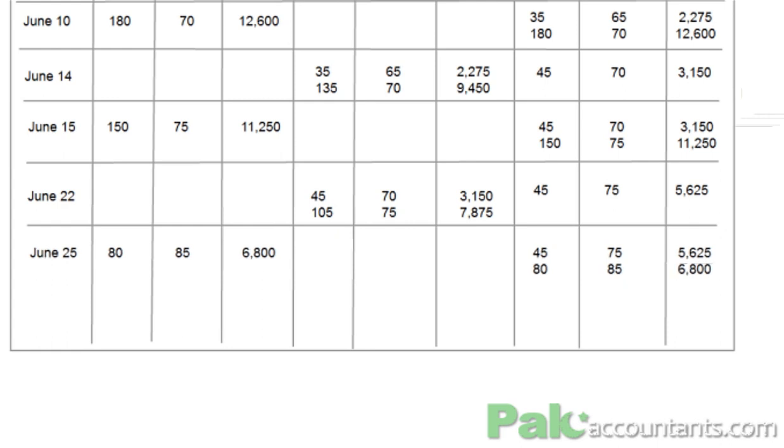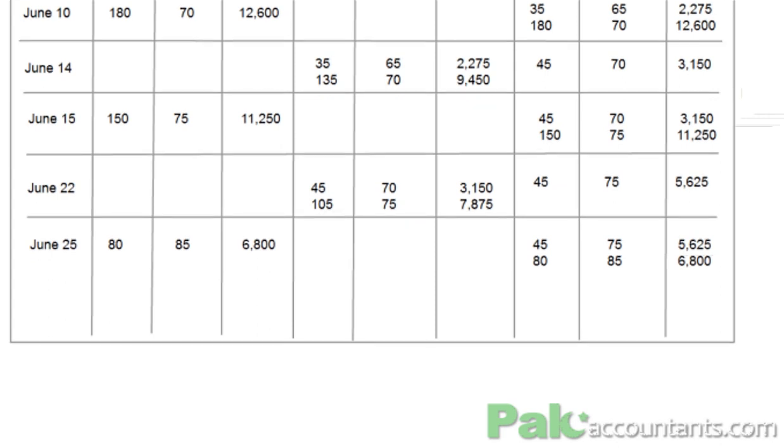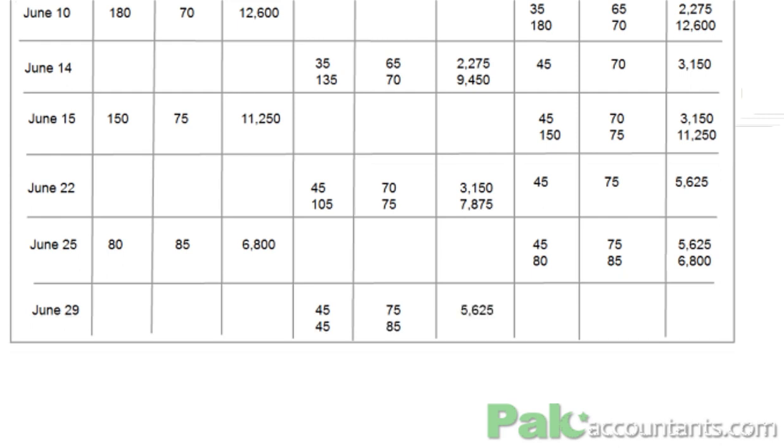Okay, now after this, the last of the transaction is at June 29 for 90 units, and for that, let's make the recording. We'll be issuing 45 units out of 75, for which the total is 5,625, and another 45 at 85, for which the value is 3,825.